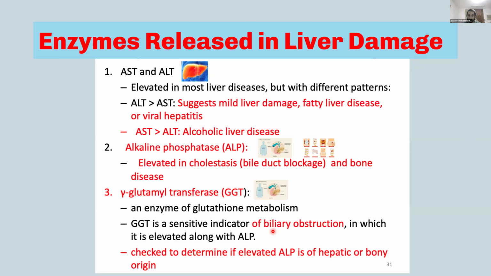If it's positive, then that means there is cholestasis. But you can't order alkaline phosphatase alone. Why? Because if it's positive, this alkphos might be positive because of bone problem or cholestasis. But if you get GGT and it is positive, then you're confident that this is a bile duct blockage or cholestasis problem.